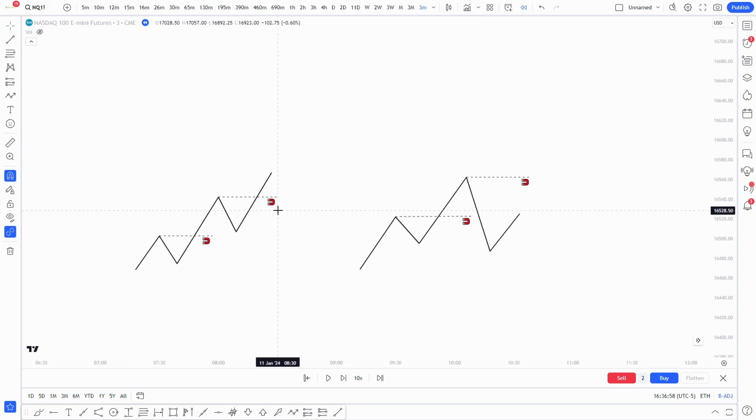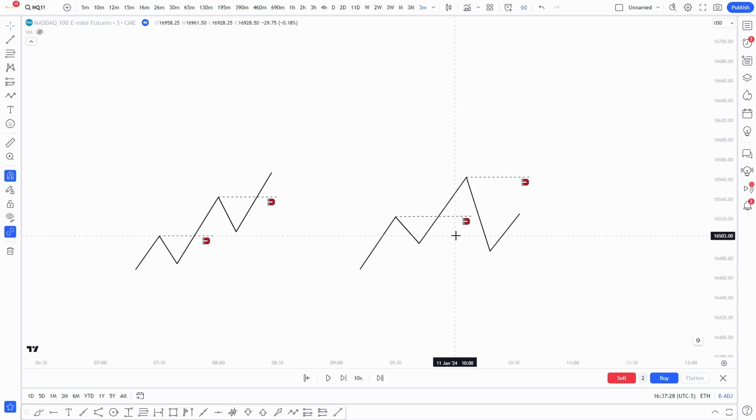Notice on the left-hand side, as we get this retracement, what occurs? We pull back into a fair value gap, something along the lines of that, and we see continuation up. Now, same exact start of the trade on the right-hand side, but what else occurs? Notice how we get this minor pullback, but we actually sweep liquidity.